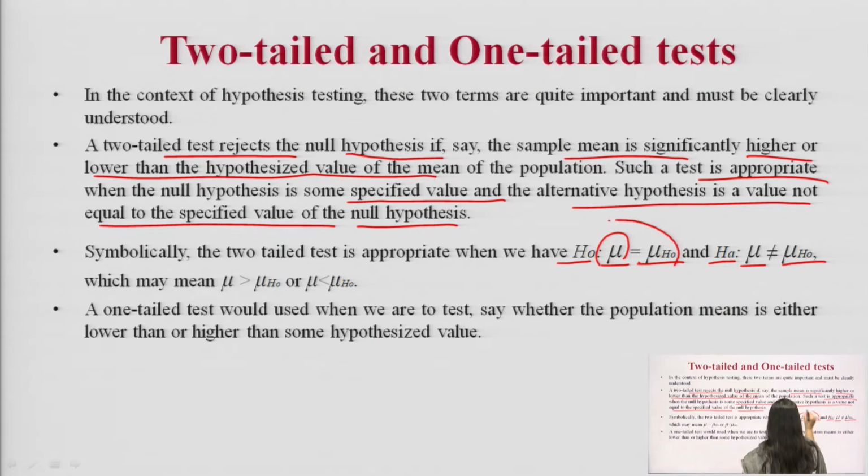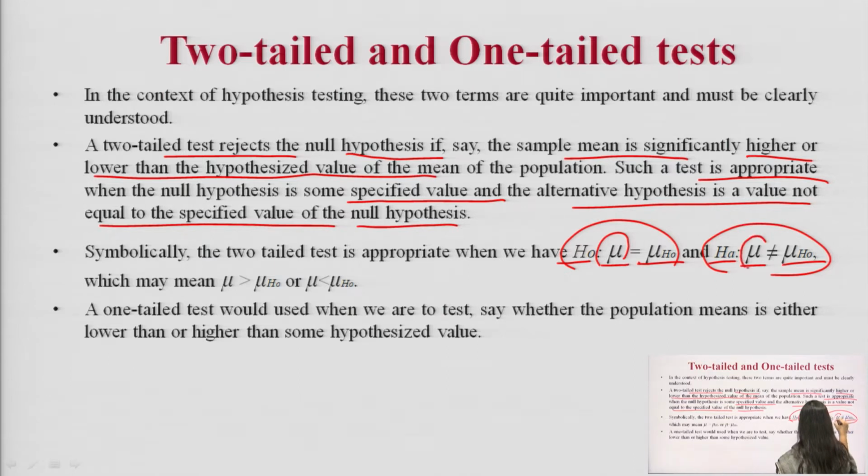So this statement shows that your population mean is equal to the hypothesized mean, and this statement shows that the alternate hypothesis is accepted when your population mean is not equal to the hypothesized mean, which shows that your sample mean may be greater than or less than the population mean.